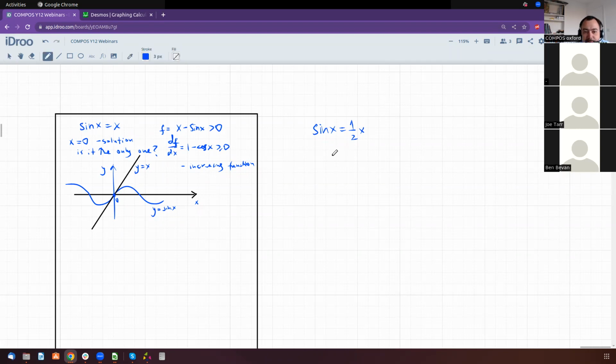Can you solve it? Sine x equals 1/2 x. Can you solve it?